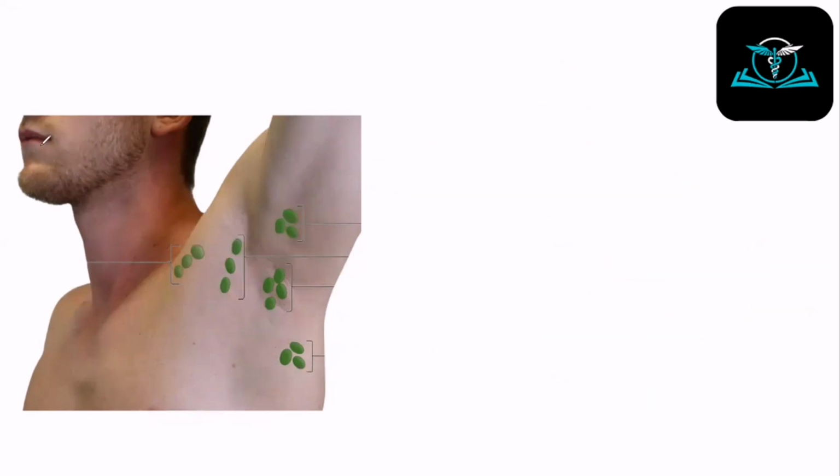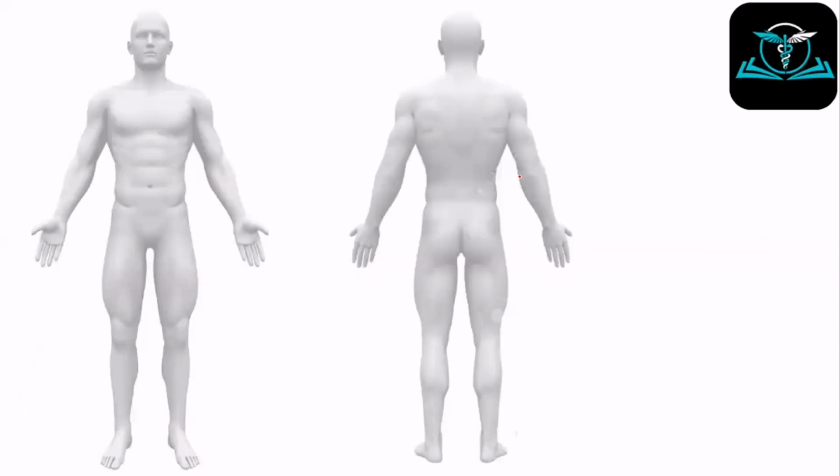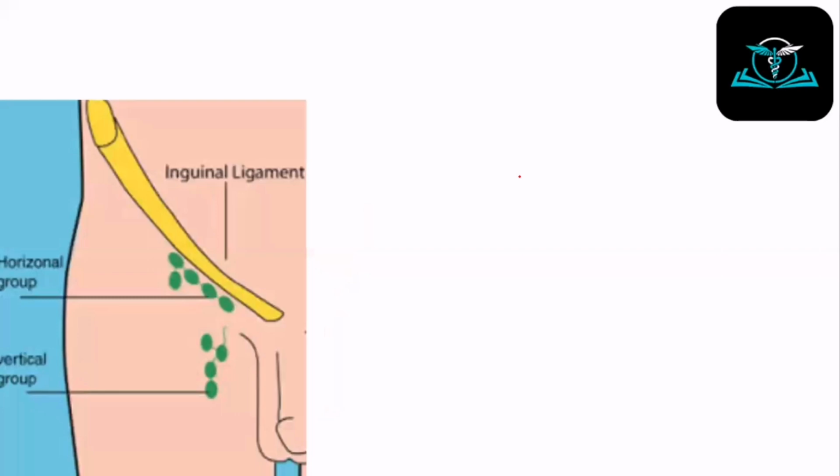Now we move to the inguinal group of lymph nodes. This is the groin, and as you can see, we have 2 groups of inguinal lymph nodes.